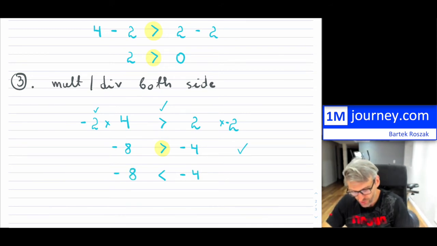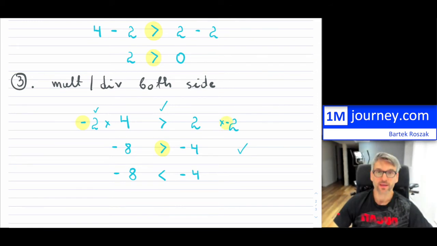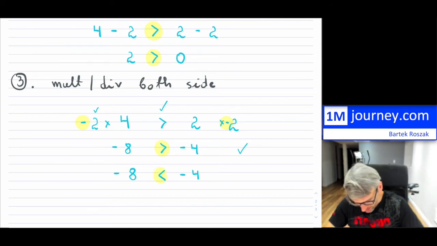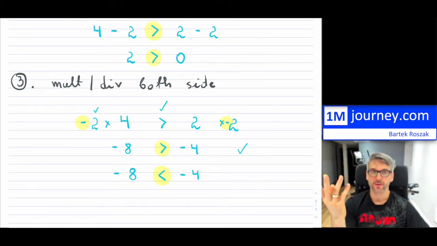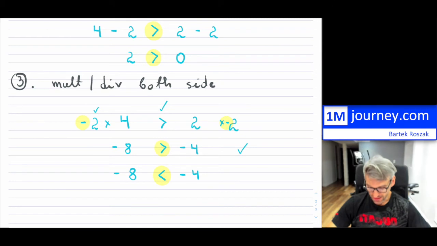So whenever you're multiplying by a negative, and the same thing is true when you're dividing by a negative, your inequality will change. It will switch sides, because now you're bringing in negatives. And you can see that directly through this very simple example, but this is also true for inequalities in general.